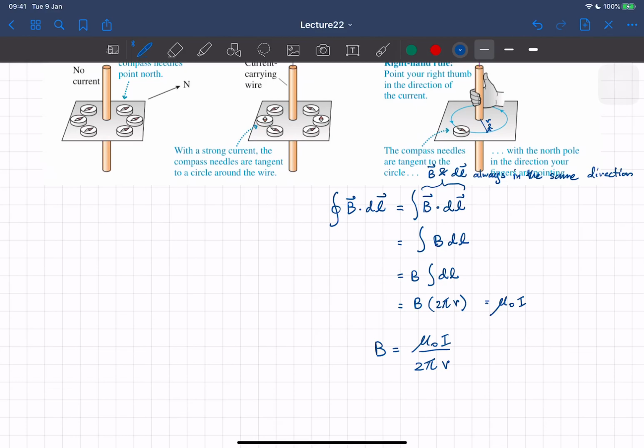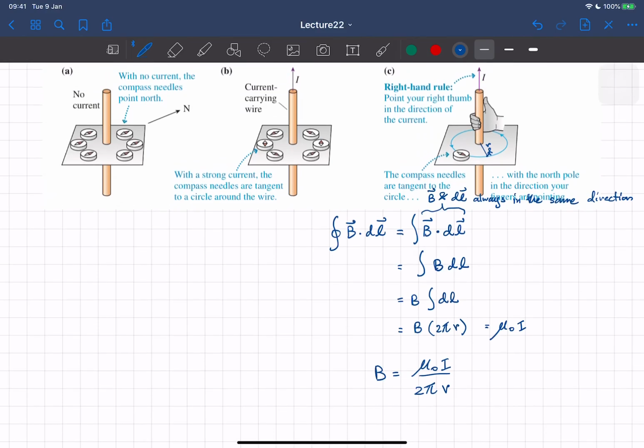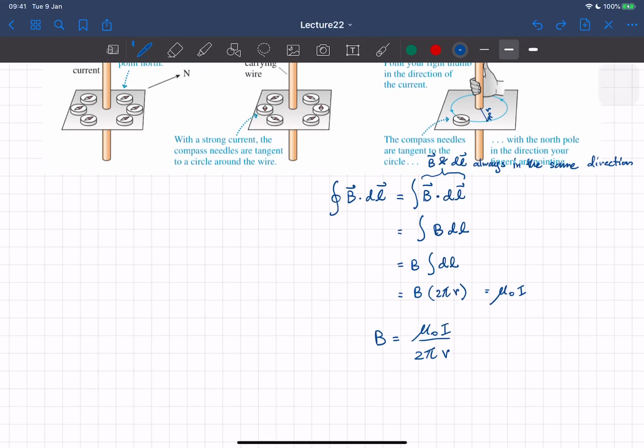So this gives you the magnitude of the magnetic field, but the direction of the magnetic field is given by this right-hand rule. Okay, so it's going around in a circle. So you can see that it has 1 over r dependence.